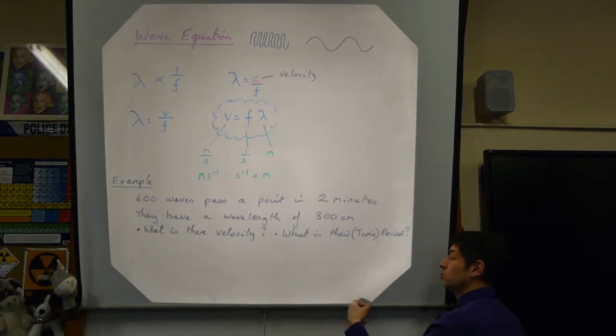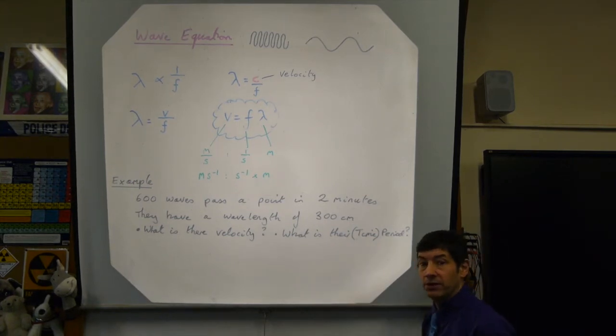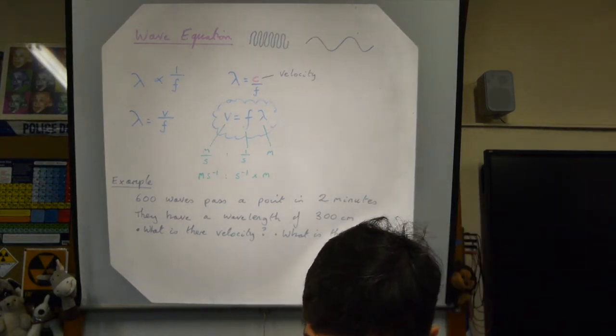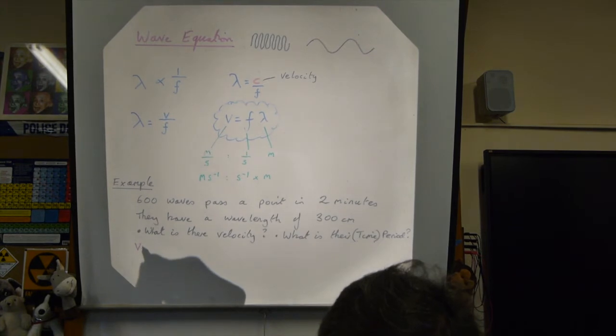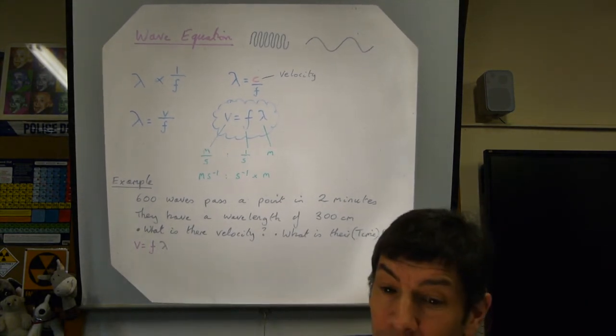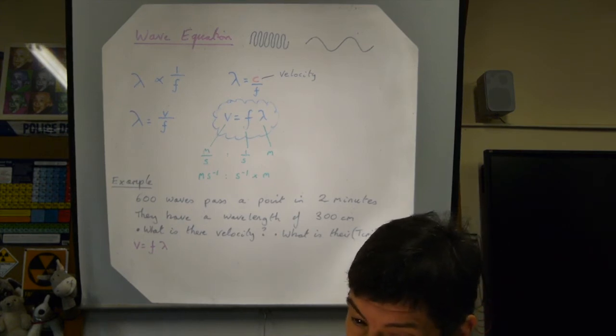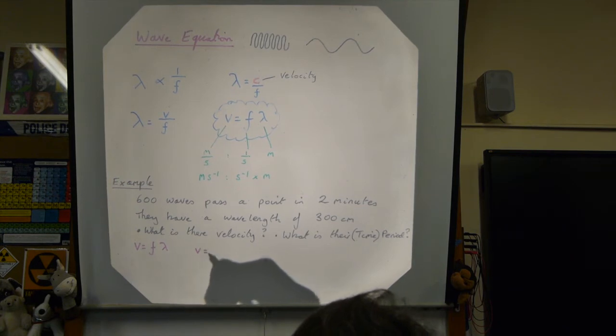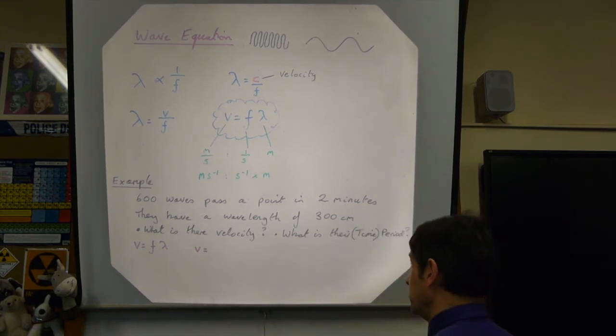I put time in brackets because what is their period? Okay, so we're going to use V equals F lambda. So we know the wave equation, V equals F lambda. Okay, and I've asked what's their velocity. So their velocity will be their frequency.